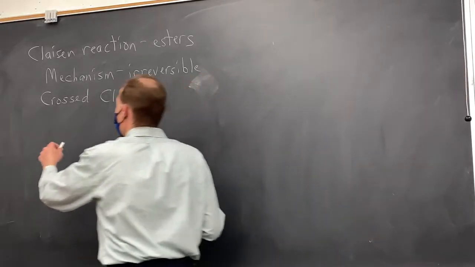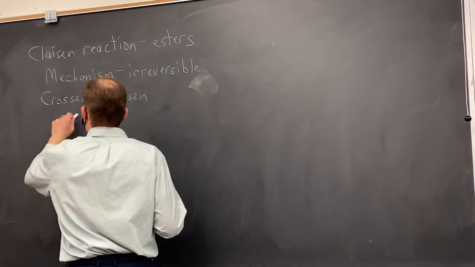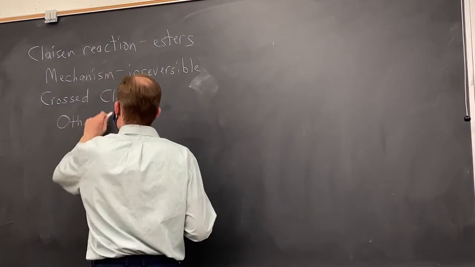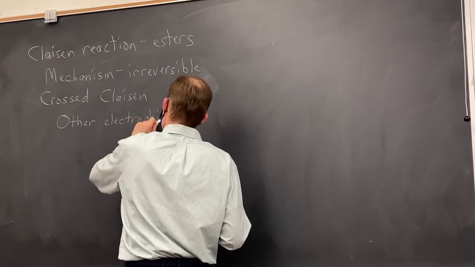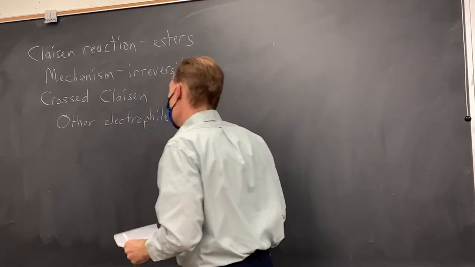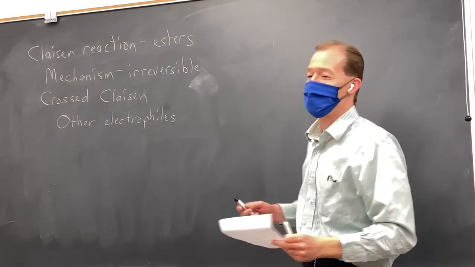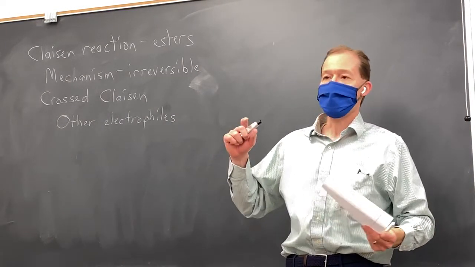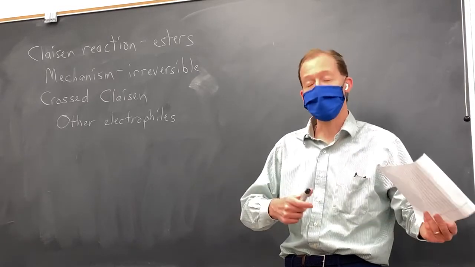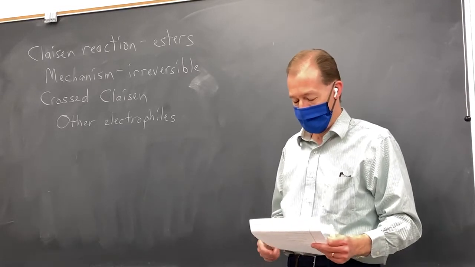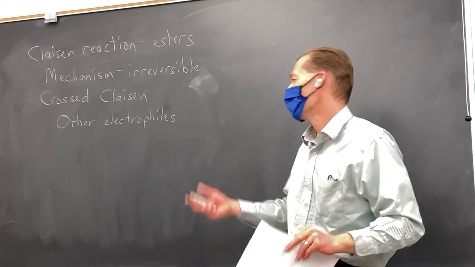On the topic of crossed Claisen, we also learned about two other electrophiles that can be used in Claisen reactions that are not esters. These electrophiles are one oxidation state higher than esters. They're at the CO2 oxidation state. We had a chloroformate and a carbonate.